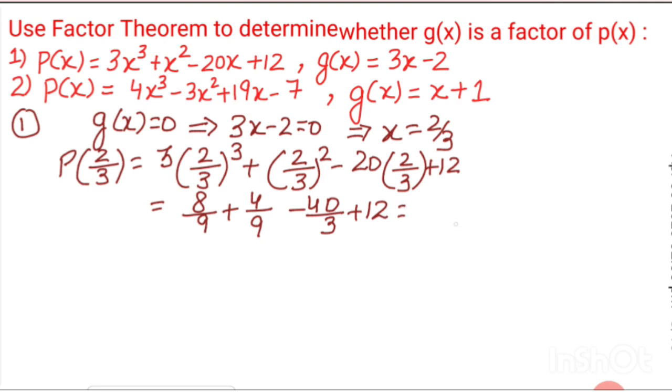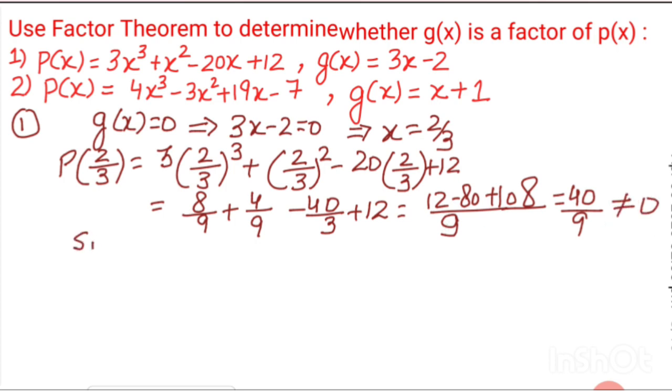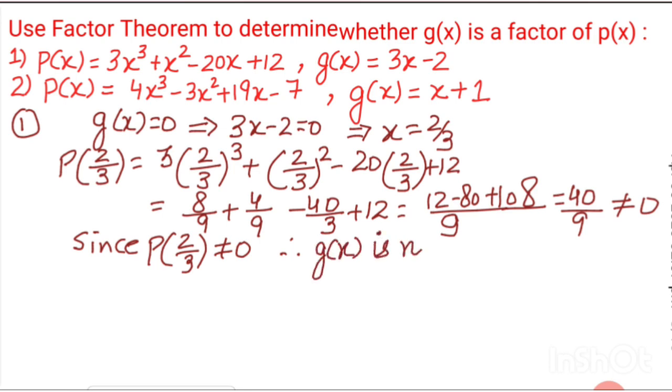Taking 9 as the LCM, 12 minus 80 plus 108, which equals 40 by 9. Now since p(2 by 3) does not equal 0, I can say that g(x) is not a factor of p(x).